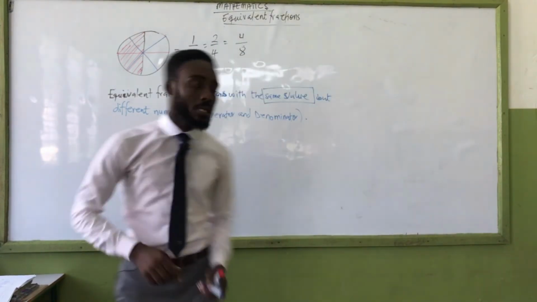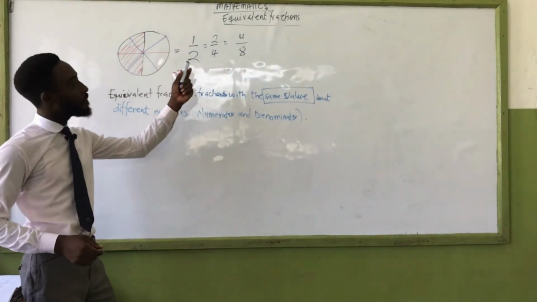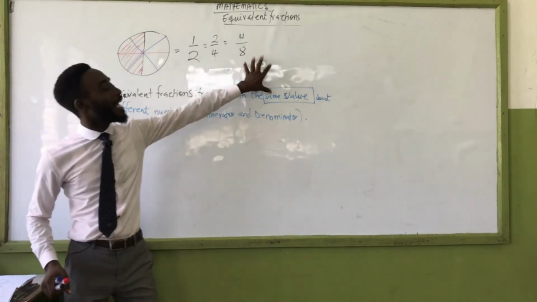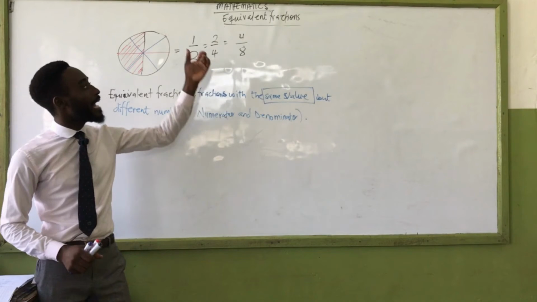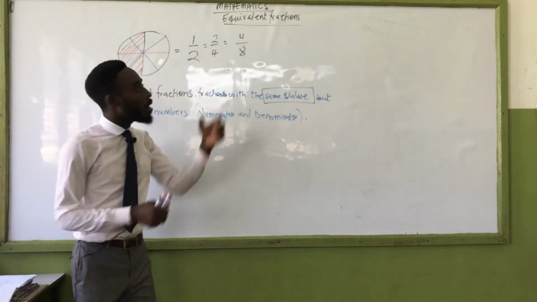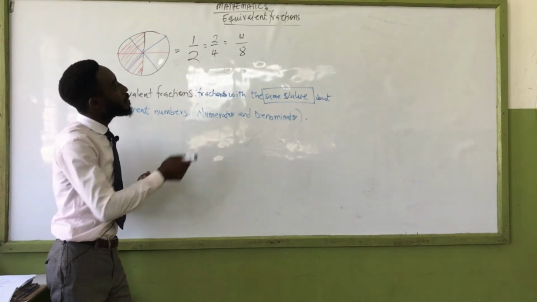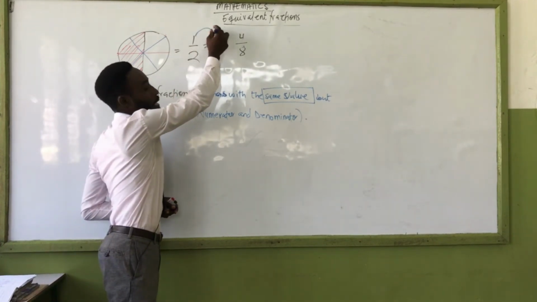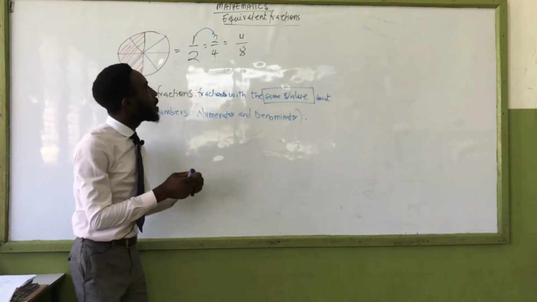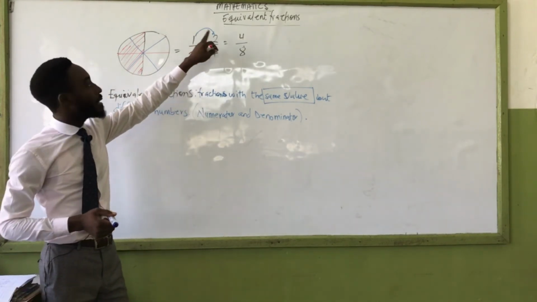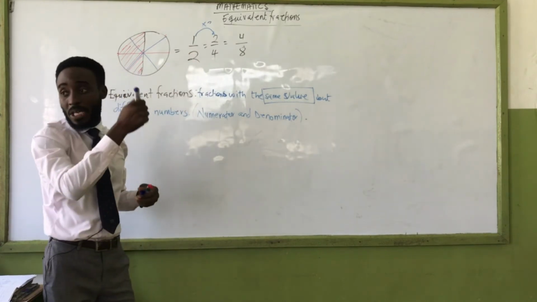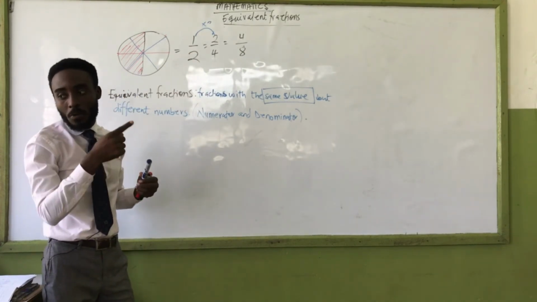So mathematically, if we observe the relation between these, you realize that there is an arithmetic operation here. So let's try to see what could be happening here. So 1 times what gives you 2?